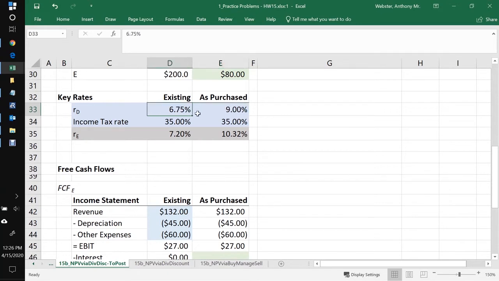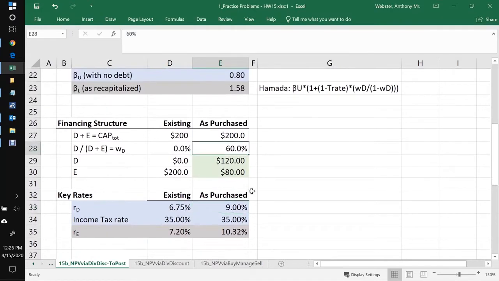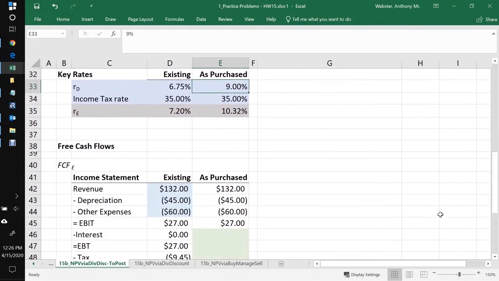So this 6.75, of course, they have no debt in this case. If they wanted to take out a very small loan, it would give them negligible leverage. Banks would charge them 6.75%. But if they lever up all the way to debt to enterprise value of 60%, then they're going to be charged a higher interest rate of 9%.